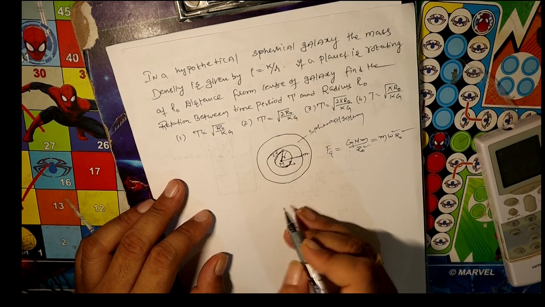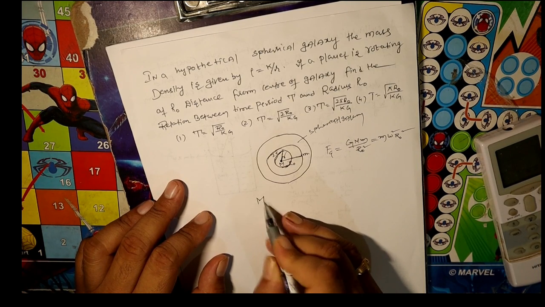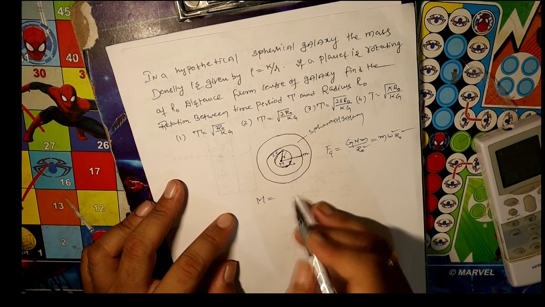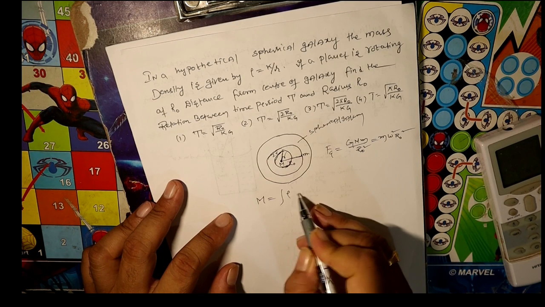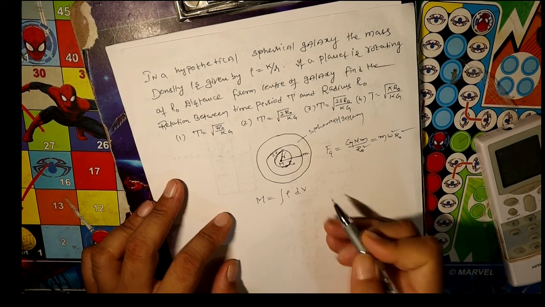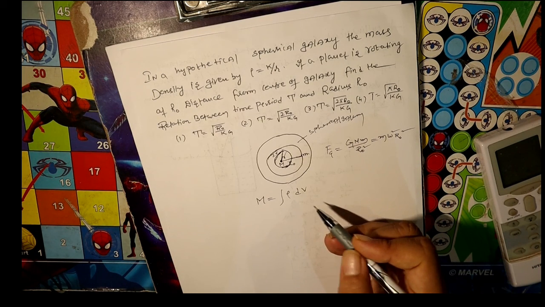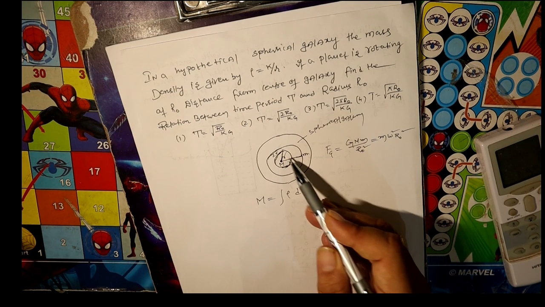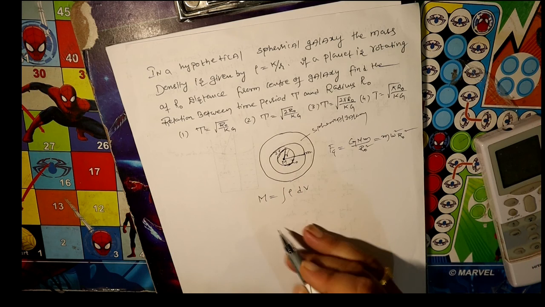So here the mass of the galaxy is equal to the integration of density into volume, integration of rho dV. dV is the volume of this small spherical shell at a distance r.